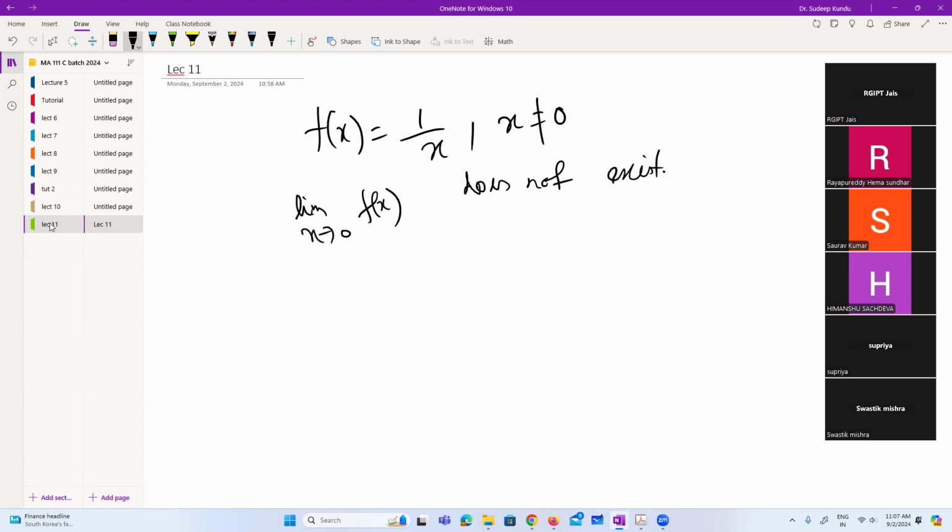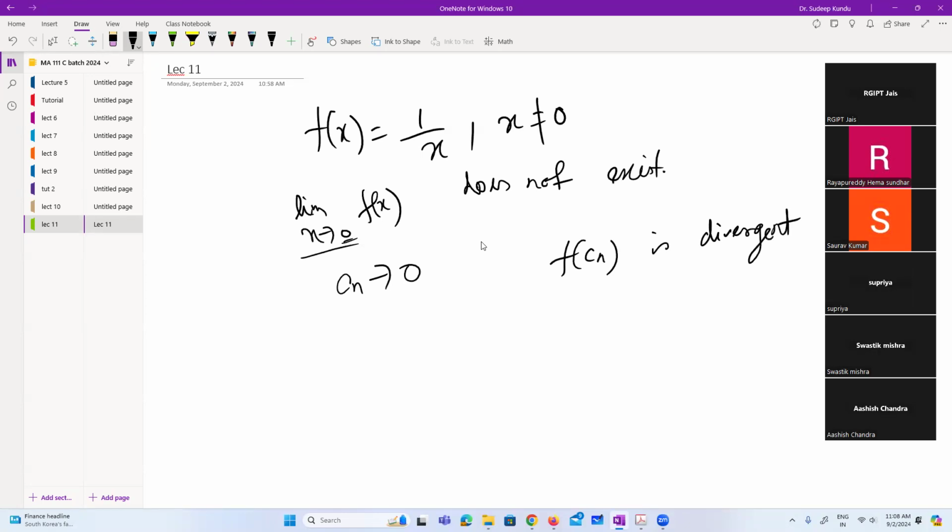I have given you two approaches. One of them is: suppose some sequence c_n converges to 0, because we want to check at the point 0, but f of c_n is divergent.